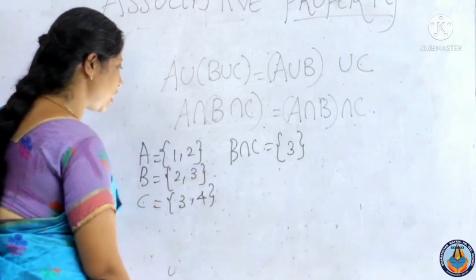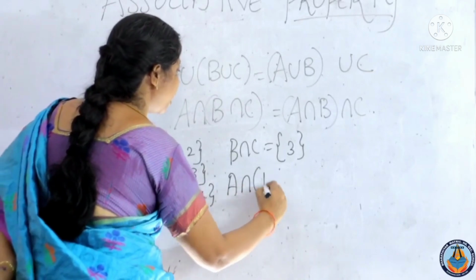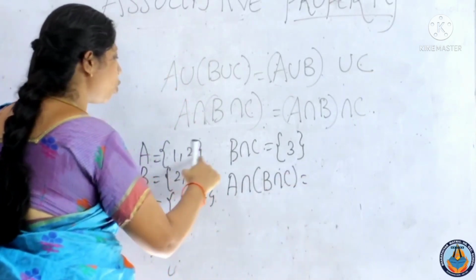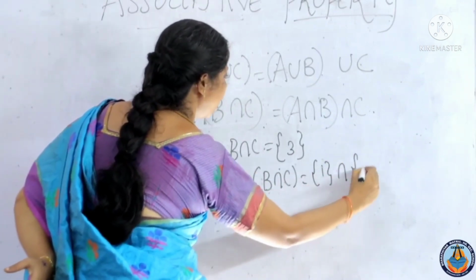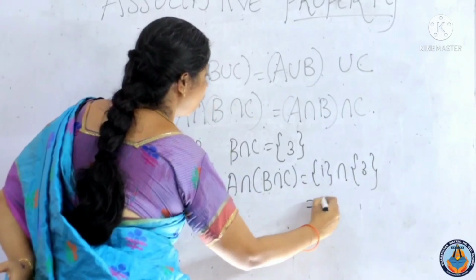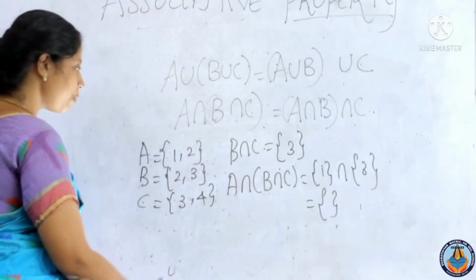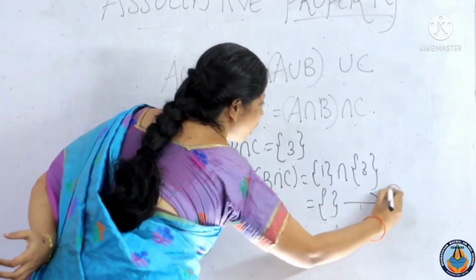So B intersection C is equal to 3. Now find A intersection B intersection C. 1, 2 intersection 3. So no common element, empty. Now this is, mark it as 1.